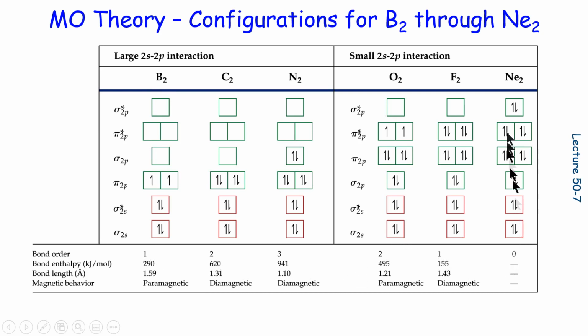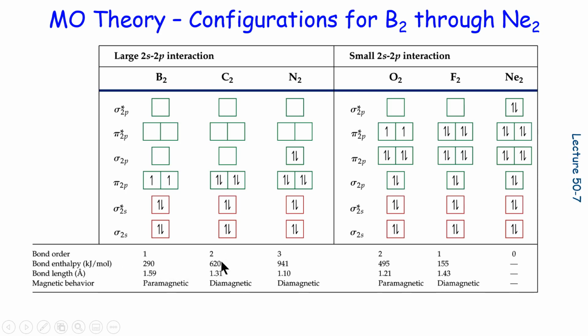And look at here. This one, Ne2, the bond order is 0, which means it does not have any stability. That's why it does not exist, okay? So the higher the bond order, the more stable the molecules, and that translates to a higher bond energy. Look at the second row, that's bond energy. With bond order of 1 in B2, it's 290 kilojoules per mole.